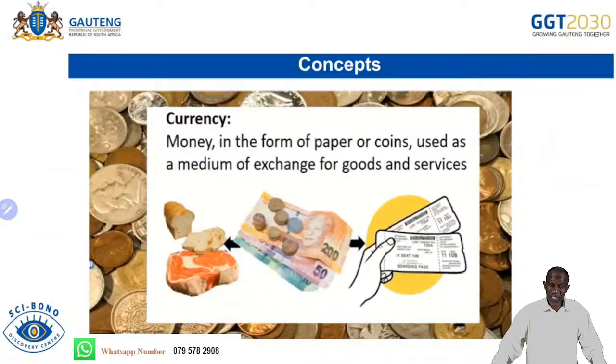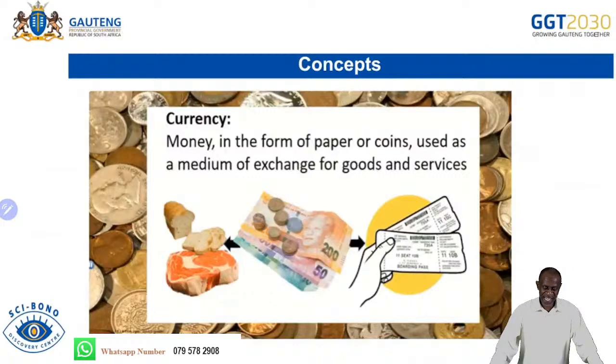In ordinary language, we refer to currency as money. And what do we use this money for? Whether in the form of paper or coin, we use it to exchange for goods and services. In ordinary language, we would say we use money to buy or to purchase goods and services.